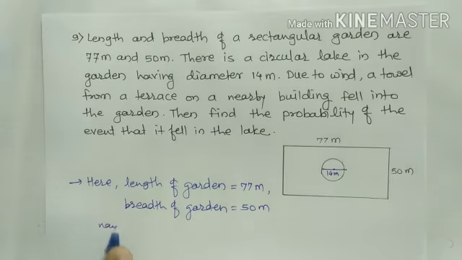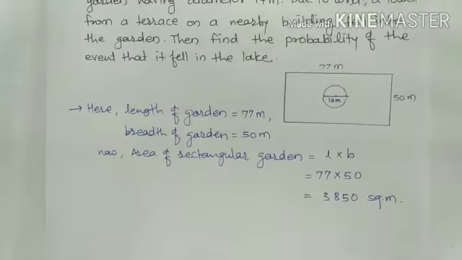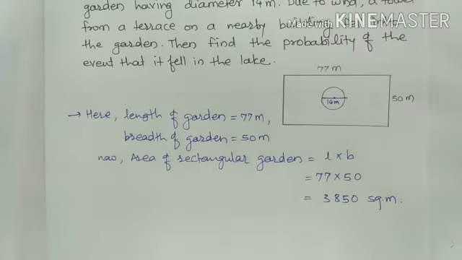Now area of a rectangular garden equals length into breadth, that is 77 into 50, that is 3850 square meter. Here this is the area of the rectangular garden.